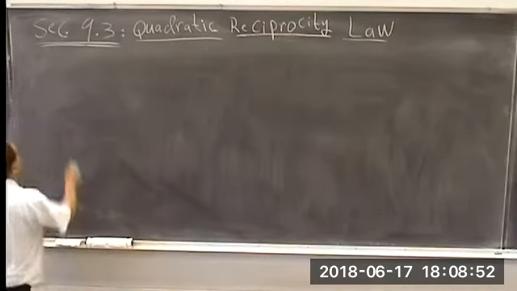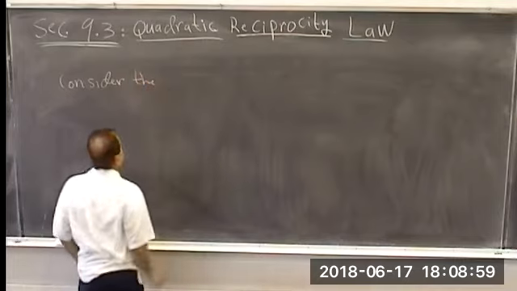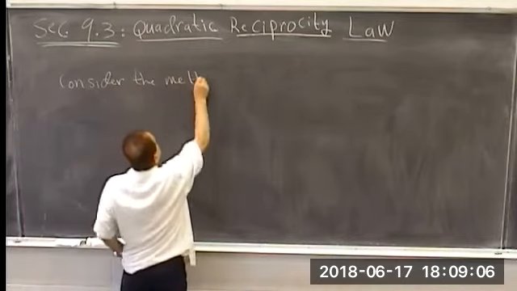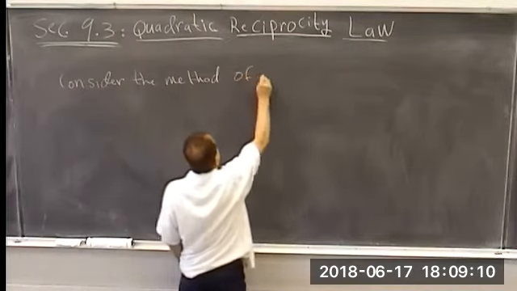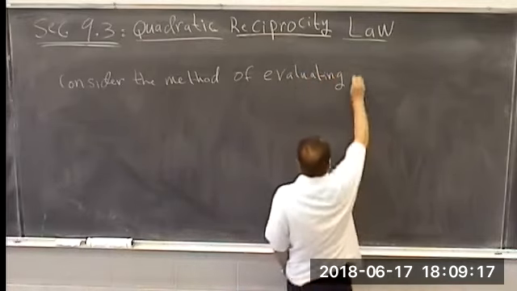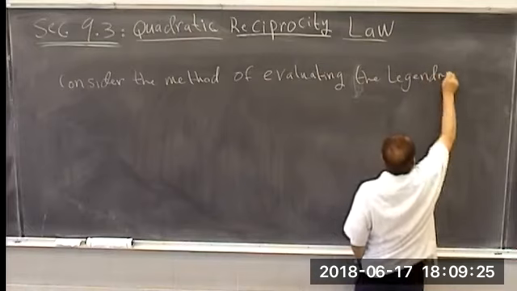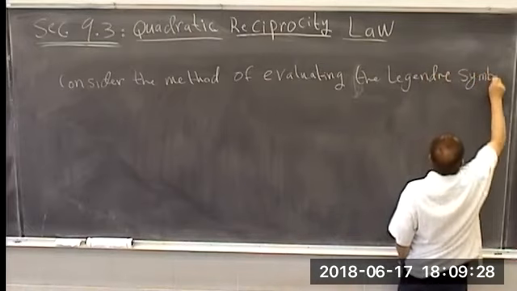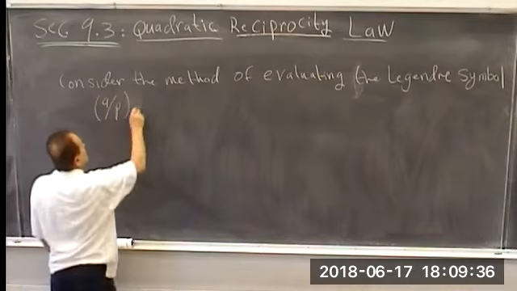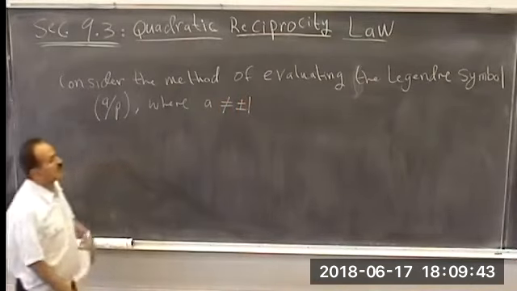Now we need to consider the method of evaluating the Legendre symbol (a over p), where a does not equal plus or minus 1, because we have already done those.